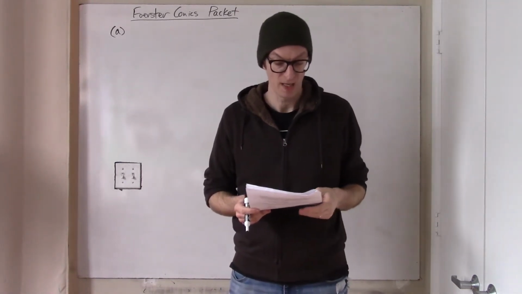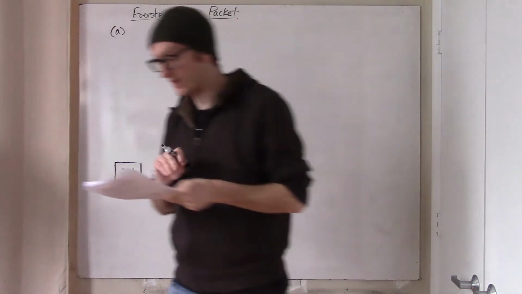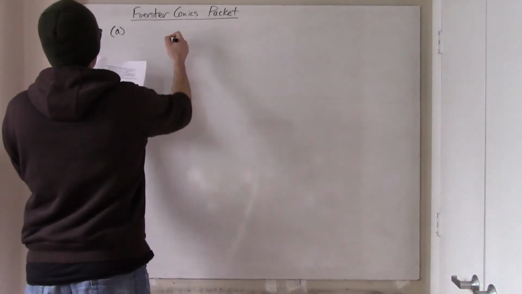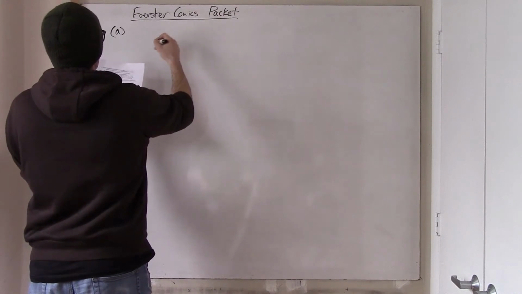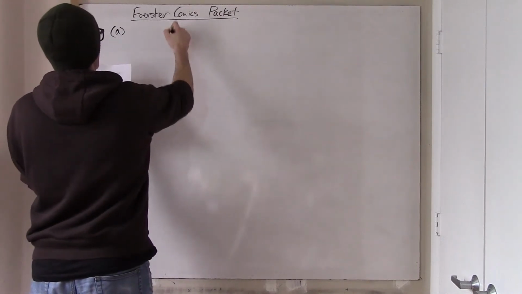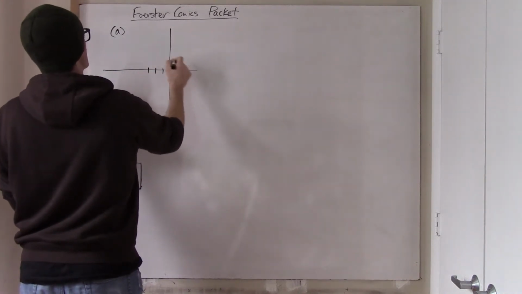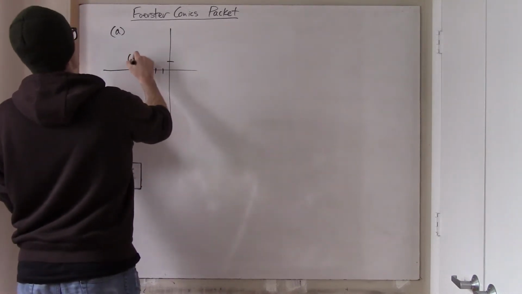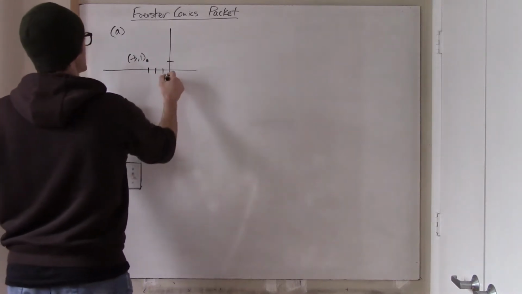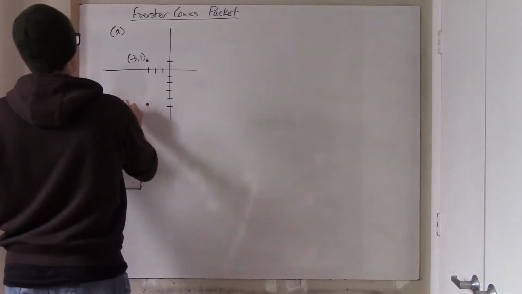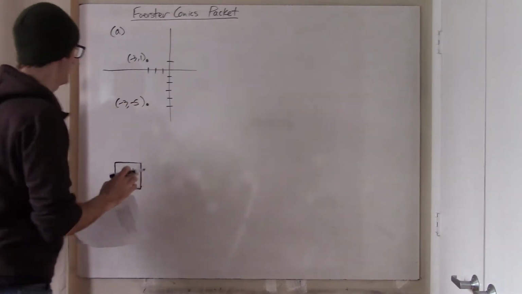So, okay, let's go. Hyperbola with foci at -3, 1 and -3, -5. Okay, we can do this. That's -3, 1 and -3, -5.